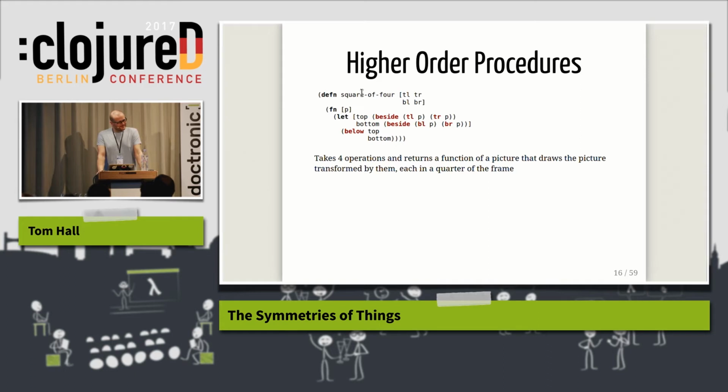Does that make sense? A little tricky. The top left is a function, so we call that function on the picture. Might be identity, might be flip, might be rotate, whatever. And then the top right function, and we're basically assembling them into a square. So you pass in 4 functions, and it returns a function that takes a picture and draws in a square those 4 functions.